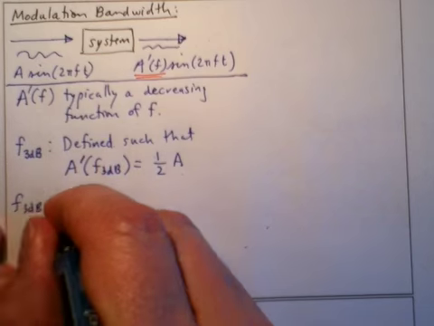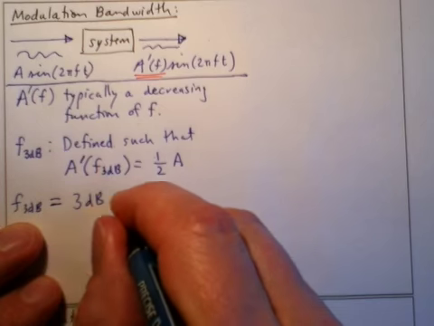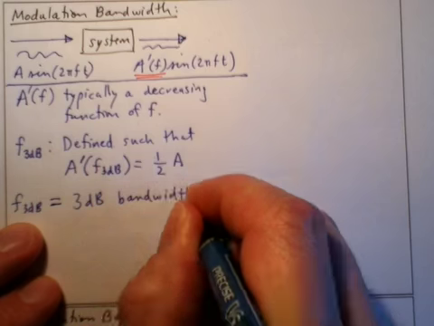You can call it the 3 dB frequency, but it's also called the 3 dB bandwidth of the system.